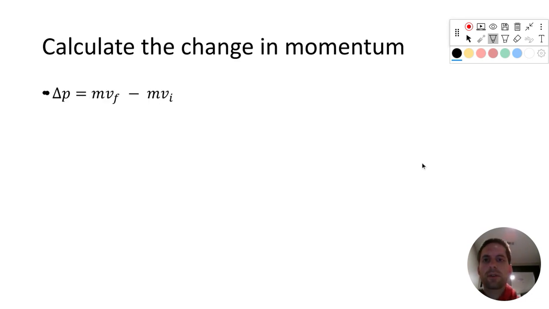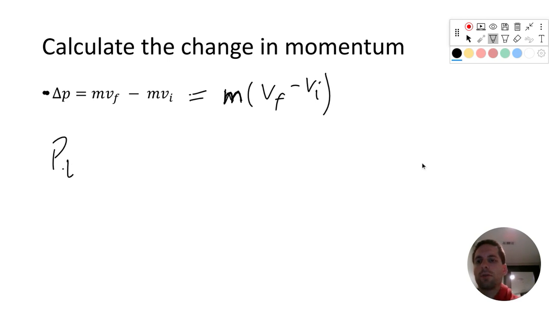Okay. So for the change in momentum, we usually can factor out the m because we're not dealing with rockets that change mass. If we have a change in momentum, we will have the same mass usually. And we have another one, the total momentum, which is going to be momentum added up.